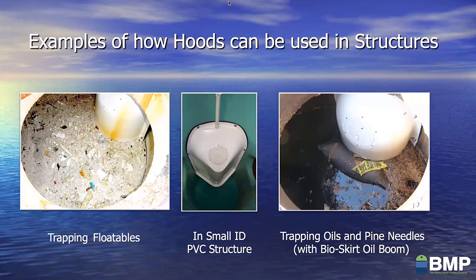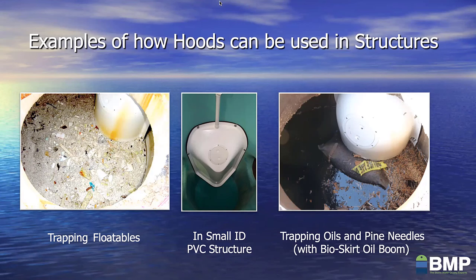Examples of how hoods can be used in structures. The picture on the left, you see a hood trapping floatable debris primarily. This is near a loading dock at an office supply store. Trapping floatables and trash are one of the most common applications where hoods are used. Hoods can also be used in smaller ID structures like this PVC structure.